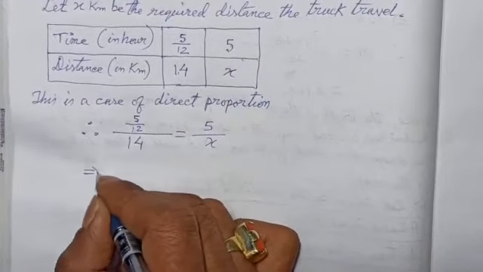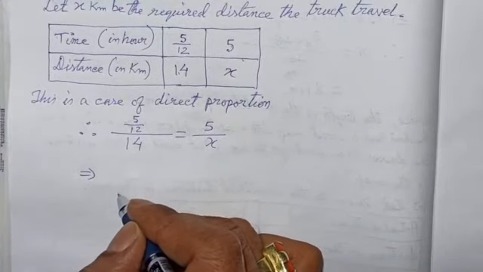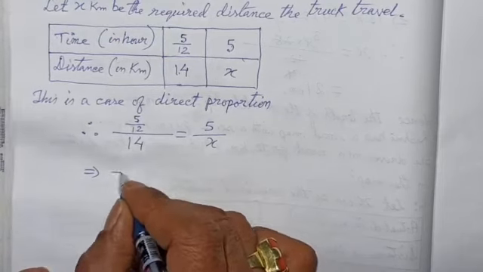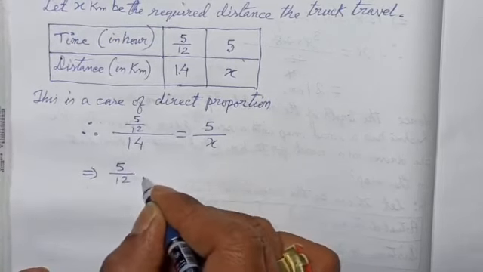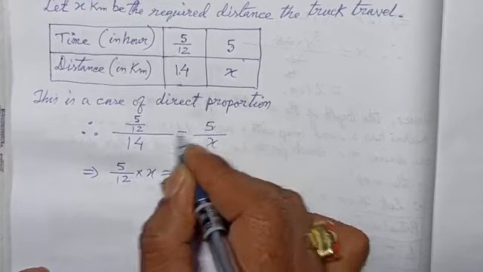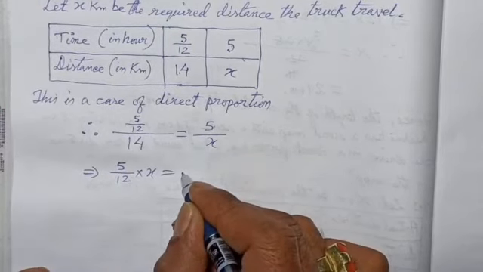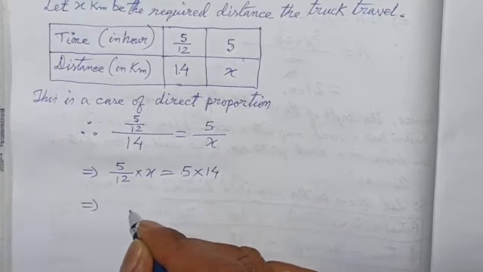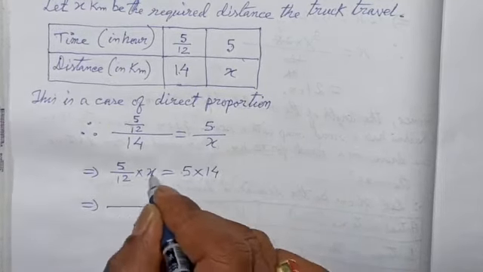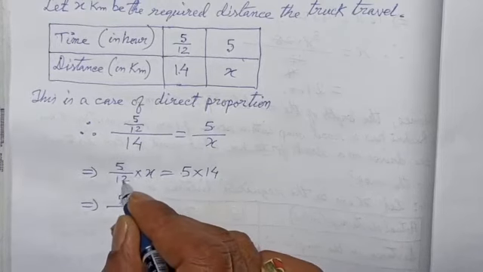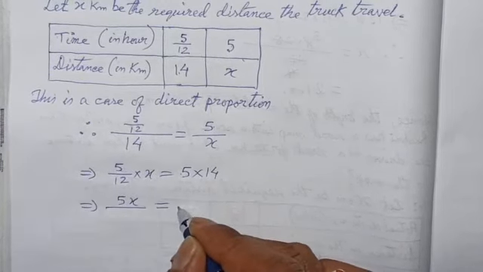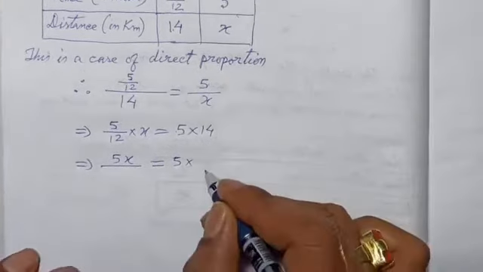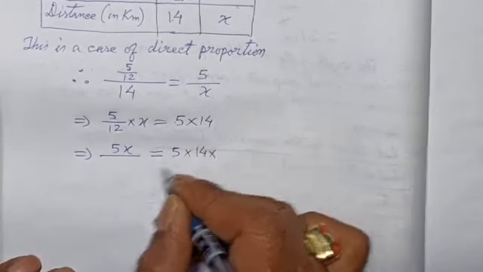This implies that now cross multiplication. This 5 by 12 and x are multiplied, 5 by 12 into x, and this 5 and 14 will be multiplied, 5 into 14. Next, 5 and x are multiplied, 5x. 12 is multiplied to the other side. Then 5 into 14 into this 12.